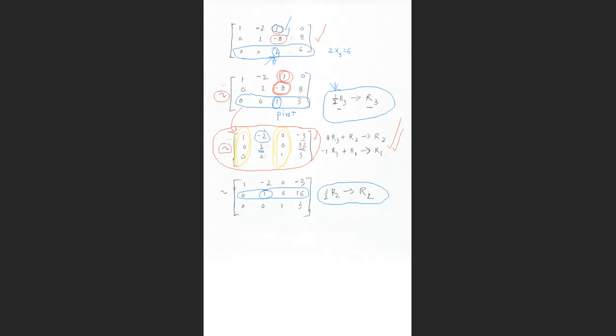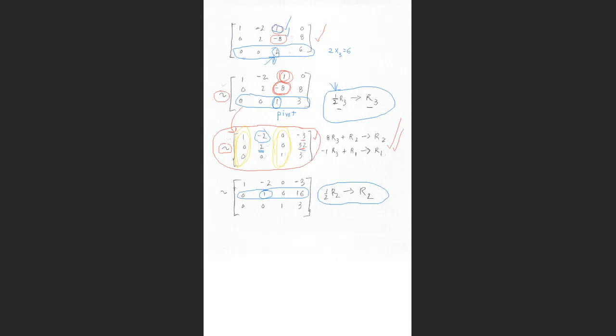Okay, so now we've got one more row operation left. We're going to take the second equation, multiply it by 2, add that to the first equation, and then replace the first equation with that result. May I move to the next page?